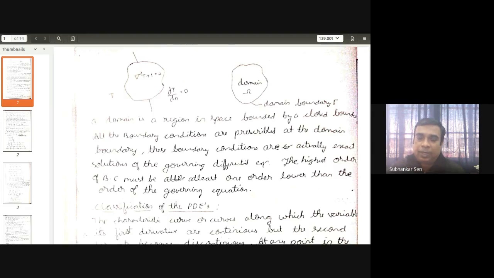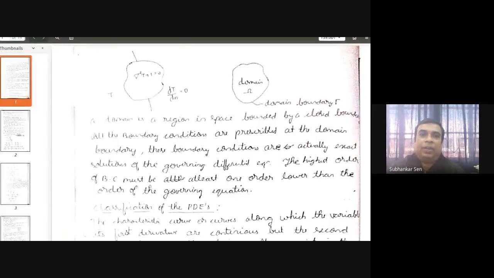Okay, so this is a closed curve, and this is known as the domain boundary and denoted by the symbol capital gamma. So here we are showing the Poisson's equation valid for this domain, and these are the different kinds of boundary conditions. So this domain boundary we are splitting into two types. This is the Dirichlet portion where we define the temperature.